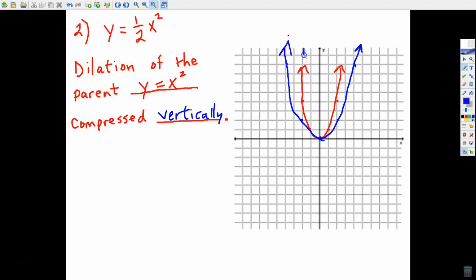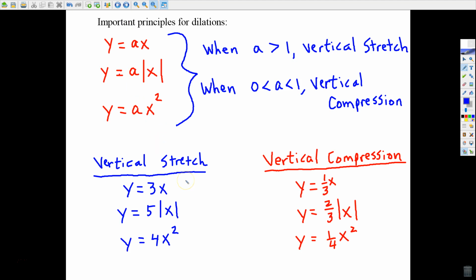If we were able to put pressure downward on this parent, pushing downward from the top, the force would probably cause it to widen as we got closer to the x-axis. That's another way of thinking of compression, pushing down. And that always happens when this number in front of x squared or the absolute value of x is a fraction between 0 and 1. Okay, so again, this is just a recap of everything I've said.